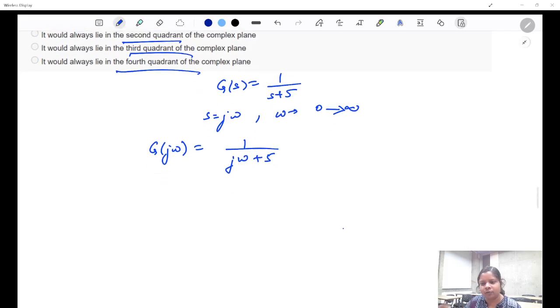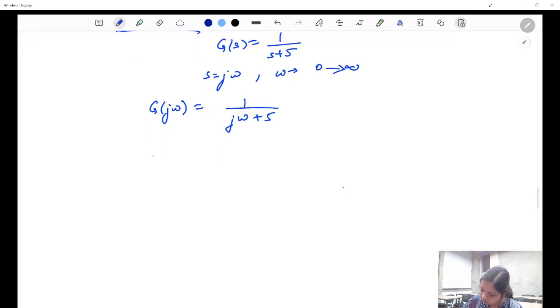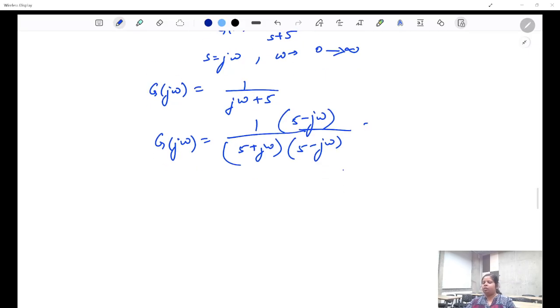We want to get rid of any j in the denominator, so from here it's going to be 5 minus j omega upon 25 plus omega square, right?